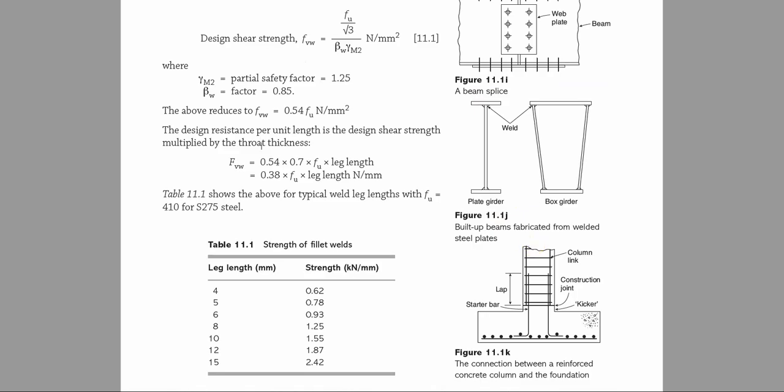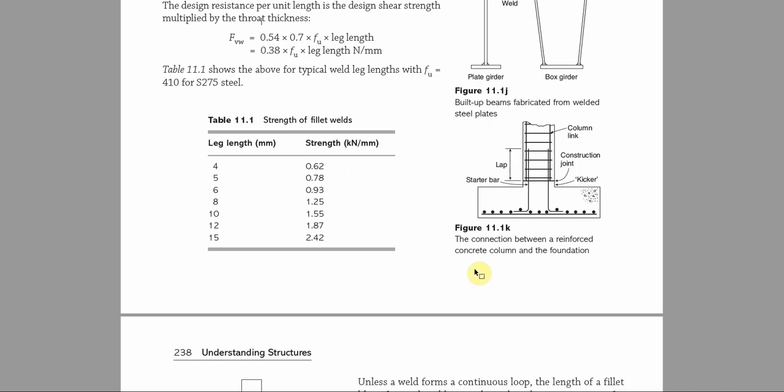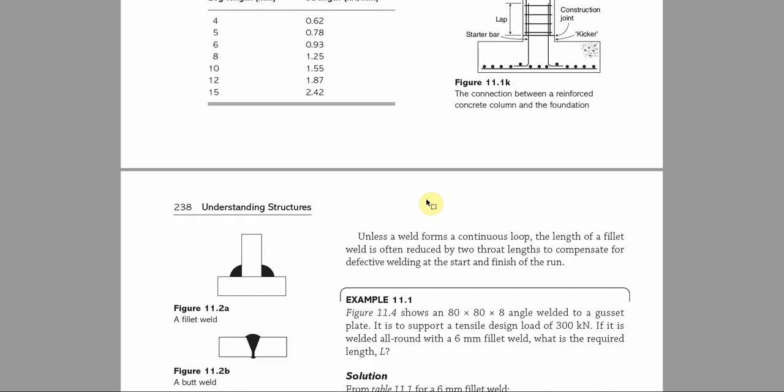For instance, there are times that we have a span that is not covered in the market. They don't have that particular size, so we have to fabricate those members and put all the necessary things into consideration. Now, unless a weld forms a continuous loop, the length of a fillet weld is often reduced by two throat lengths to compensate for the defective welding at the start and the finishing.